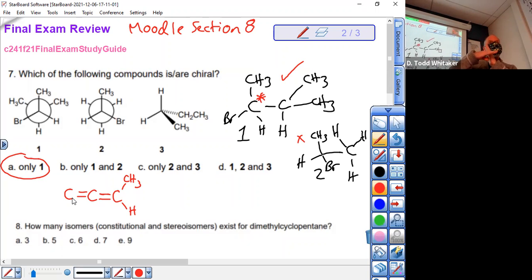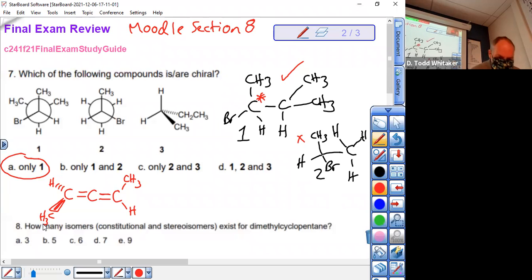Which means this plane over here is now a plane here, and this thing's chiral right here without a stereocenter. That's not a stereocenter anywhere.